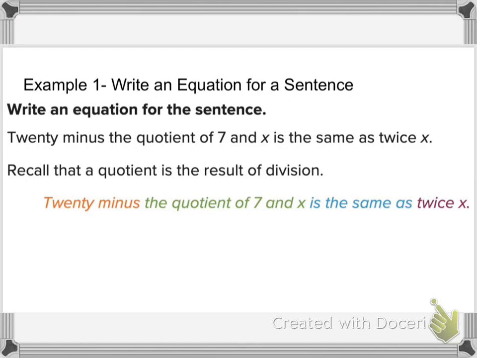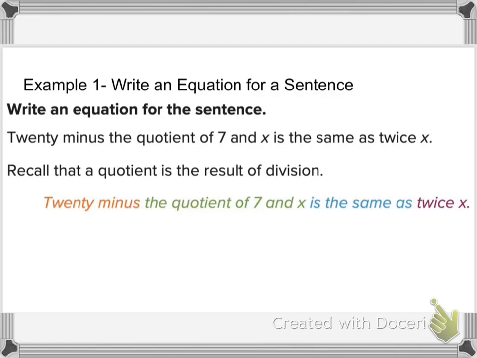Okay, so example 1, write an equation for a sentence. It gives us a sentence, a verbal expression, and it wants us to write it out in mathematical symbols. 20 minus the quotient of 7 and x is the same as twice x.